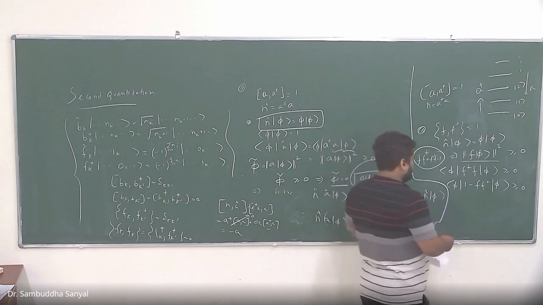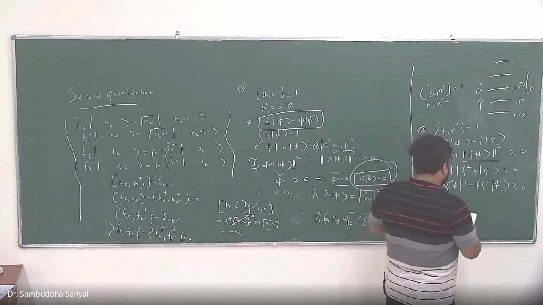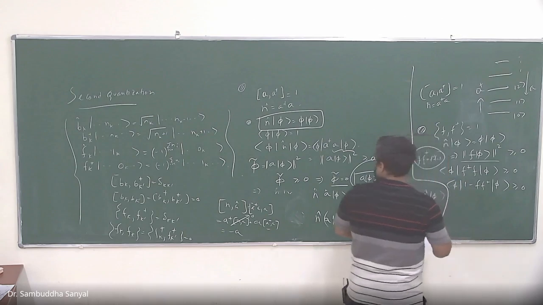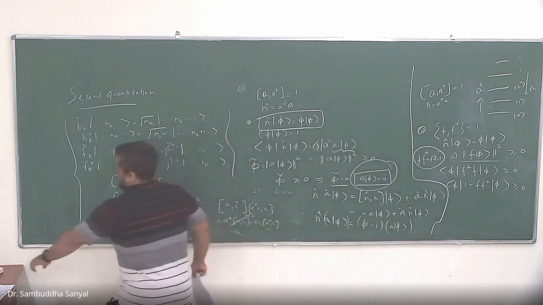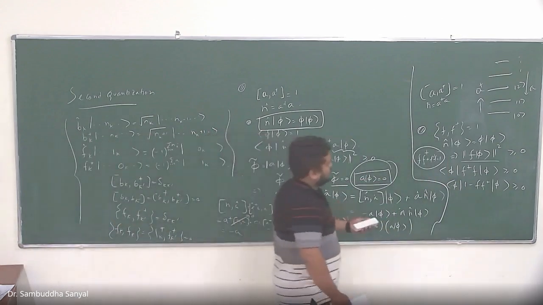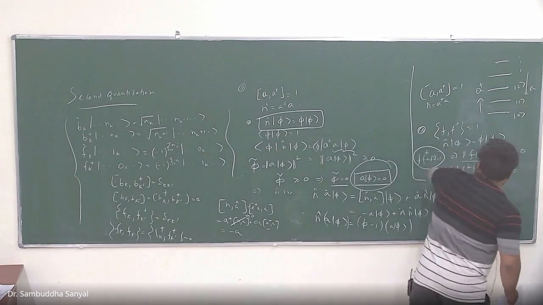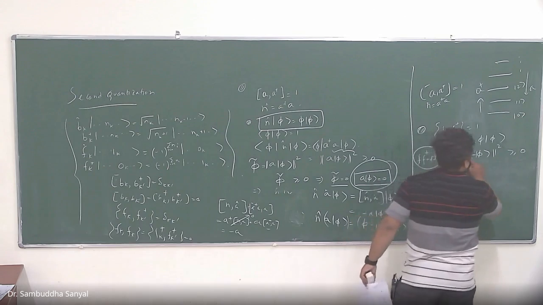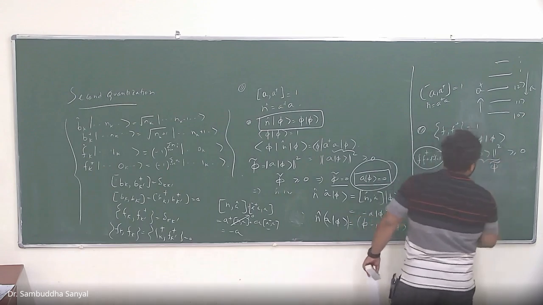So that means, and what is 1 minus f dagger? So I have defined this phi tilde. Okay, let me define something more. Let me define this thing as phi tilde.